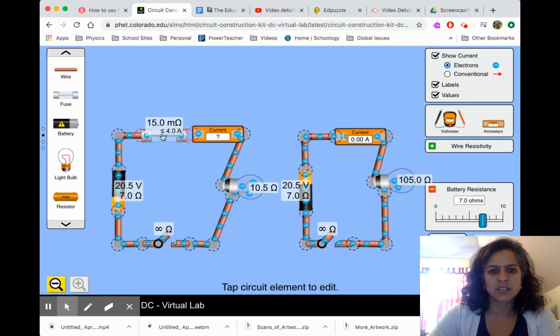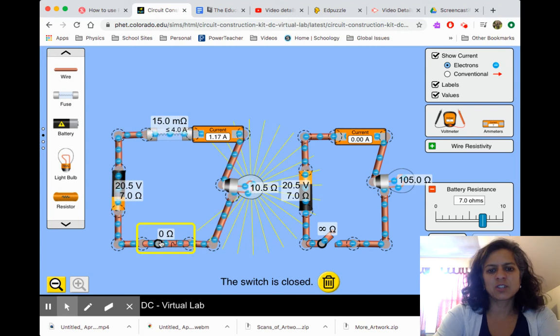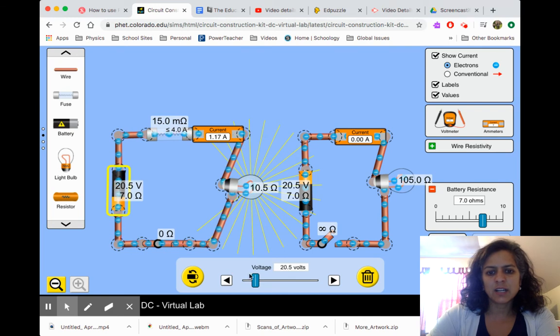fuse. I'm just going to stick the fuse in here. If I close the switch, since the current is 1.17 amps, which is well below 4 amps, this fuse allows the current to travel through and the circuit works. However, let's say that the battery provided more than 20.5 volts.